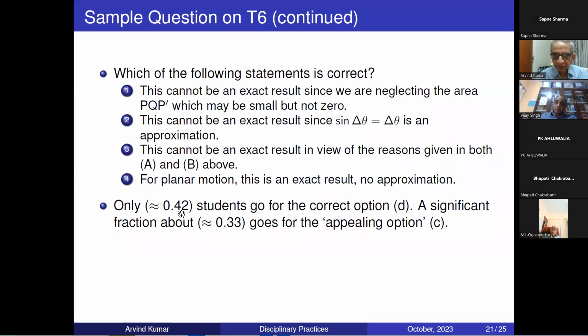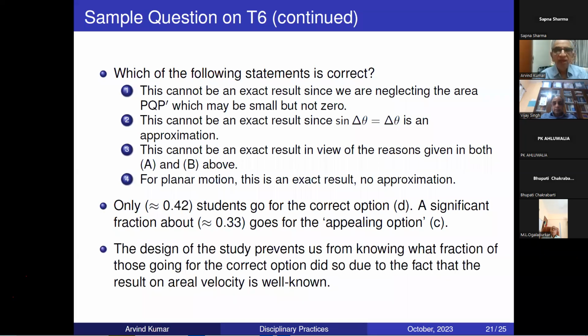And in fact, I was happy that we got so many votes, but a little thought shows that it's not very clear, because of a defect of the design of the questionnaire: it prevents us from knowing what fraction of those going for the correct option did so because this result is very well known. You know, people do Kepler's second law, so L is 2m dA by dt and L is conserved.